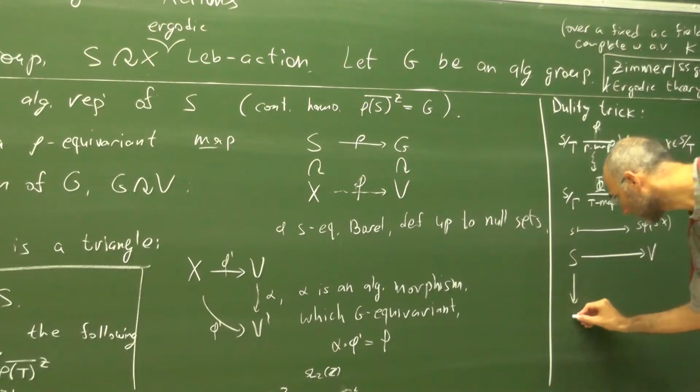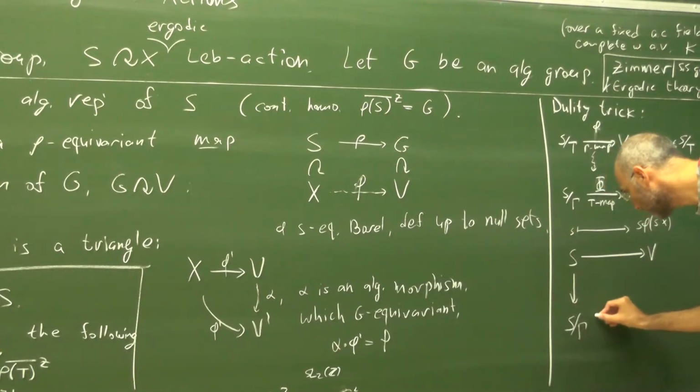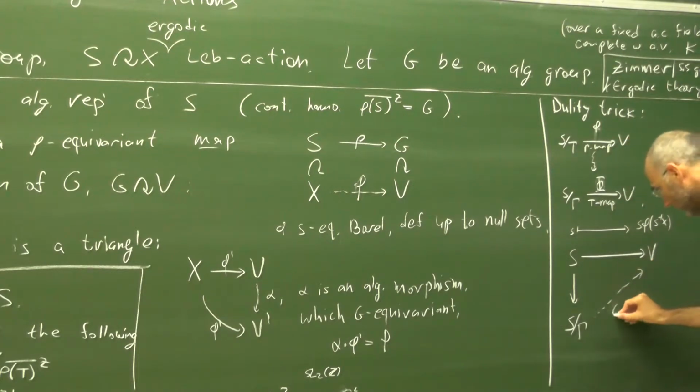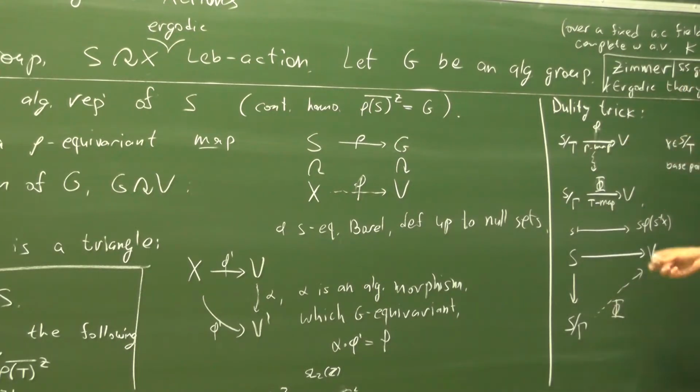So it factors through S mod gamma, and this is the map big phi, which will happen to be a T map, by the fact that little x is T fixed.